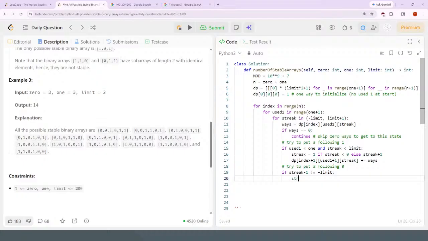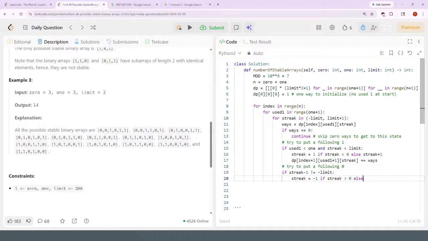then the streak is going to equal -1 if the streak is currently positive. I guess this is fine.